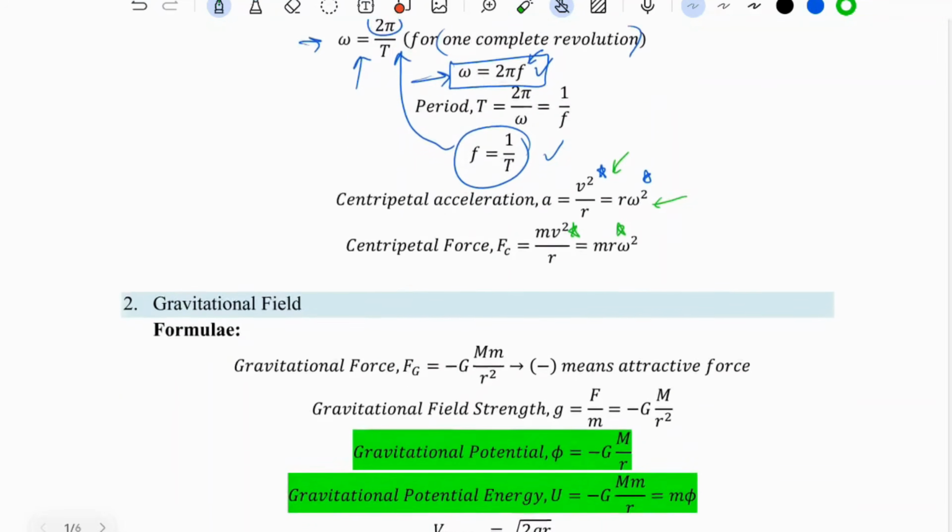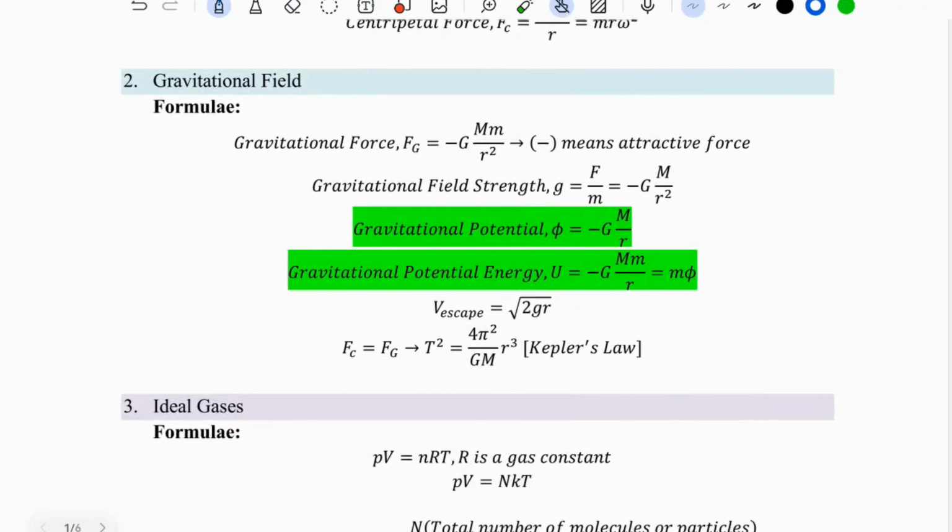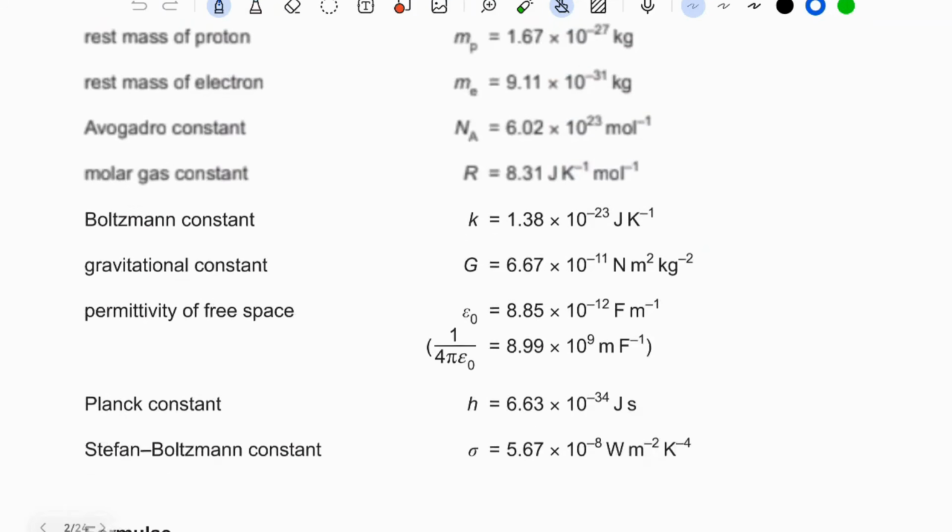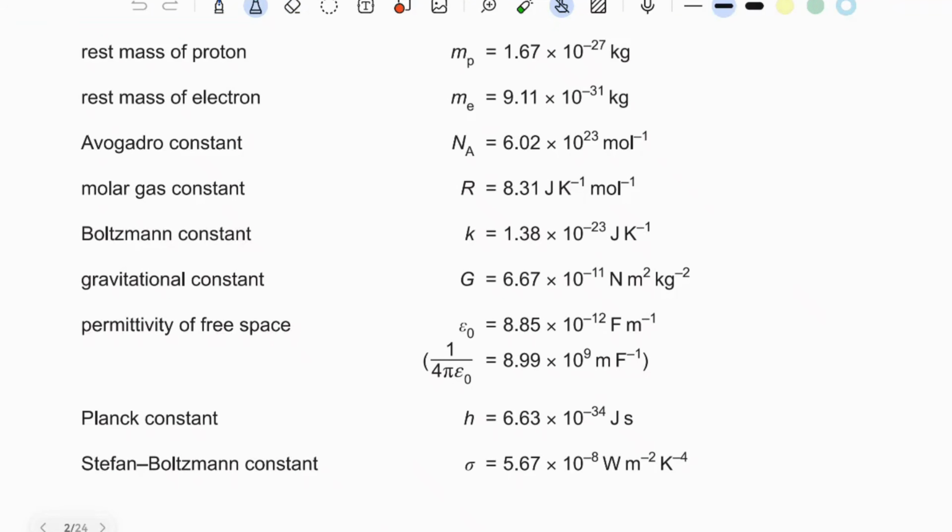Let's move on to chapter 2, gravitational field. So the first one is a very famous law, Newton's universal law of gravitation, where gravitational force equals negative G M m over r squared. G is your gravitational constant, which is given in your data booklet, this one right here.